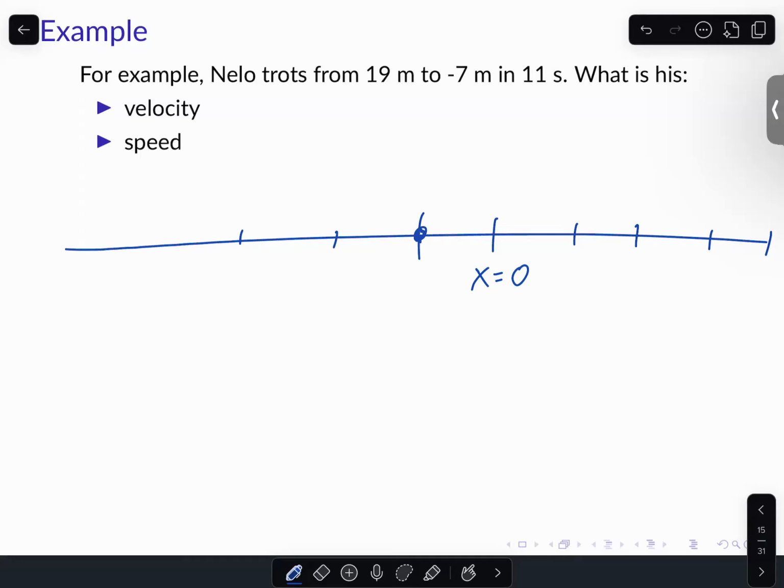Google form question D: what is my final position? Here's initial, and then I undergo displacement of 3 meters. Where do I end up? Positive direction, positive 3 meters.